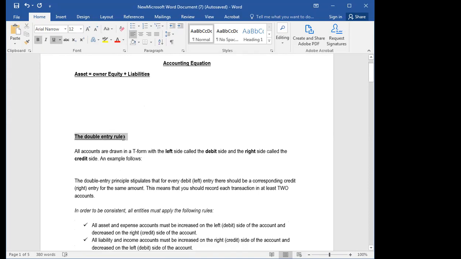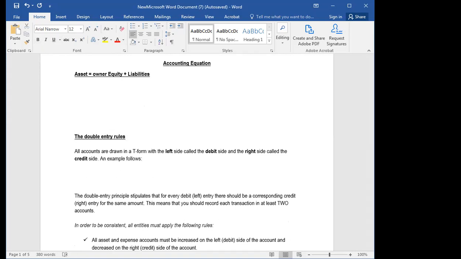Whenever we study the double entry rule, it must be in a T form. When writing according to double entry rule, all accounts are drawn in a T form with a left-hand side called the debit side and a right-hand side called the credit side. Let me make an example.